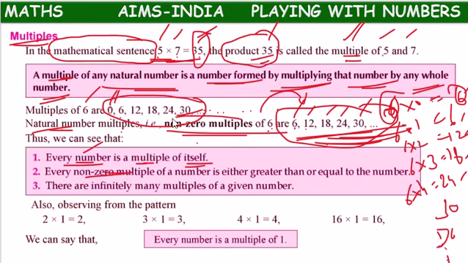So the nature of non-zero multiples is that they are greater than or equal to the number. The largest multiple we cannot tell, because there are infinitely many multiples.